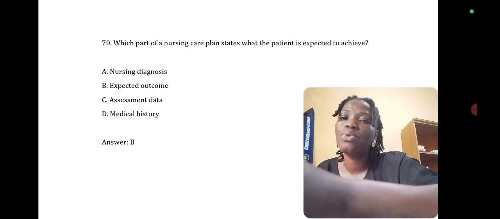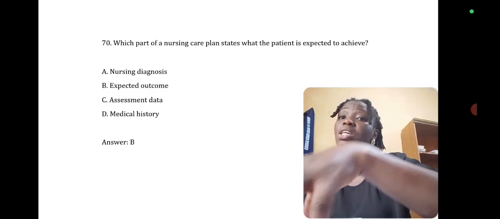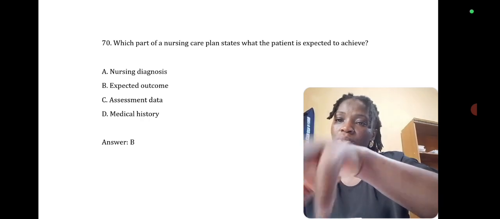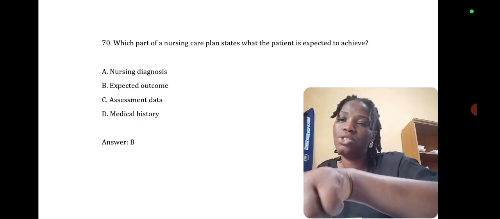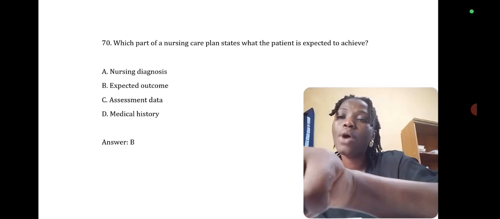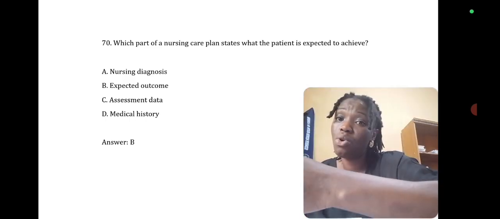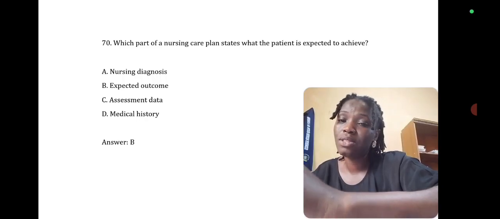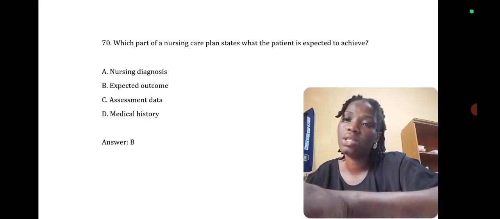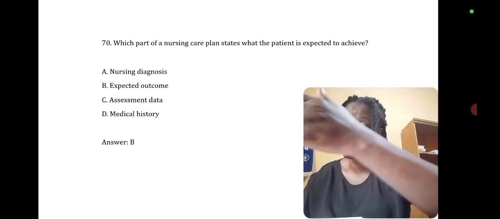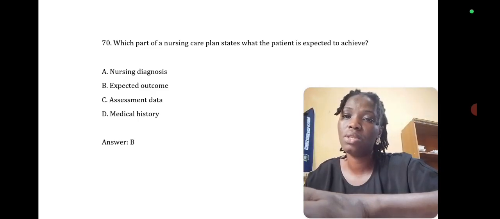Expected outcome, your objective, your goal. That is what the patient wants to achieve. So your expected outcome, or you say the objective or the goal, is what states the patient's achievements in the nursing care plan, which is the second column on your nursing care plan. That's the nursing objective.